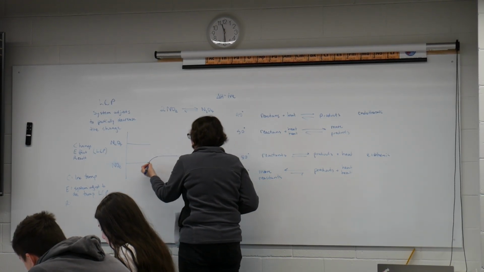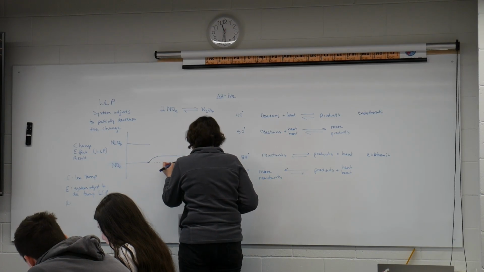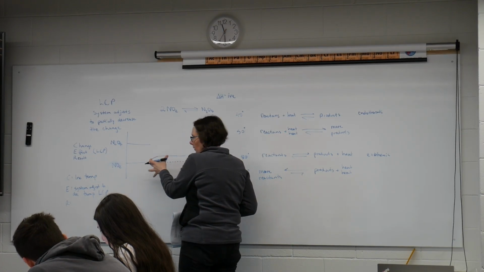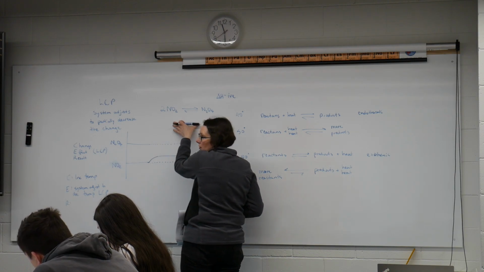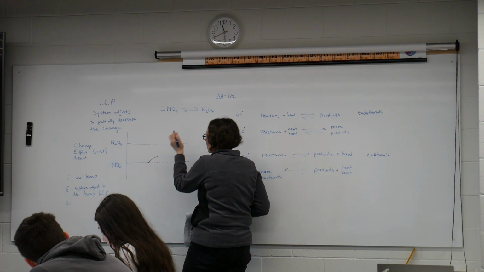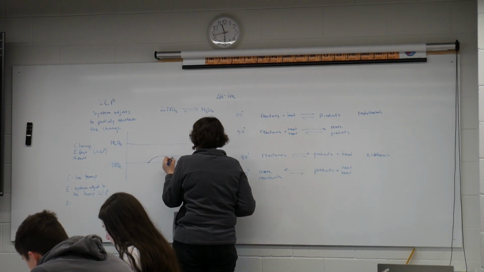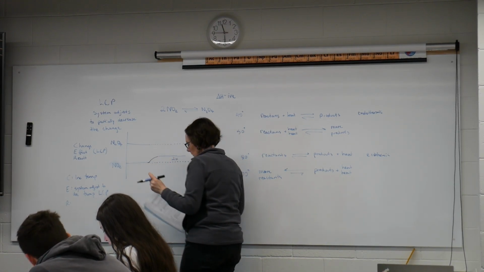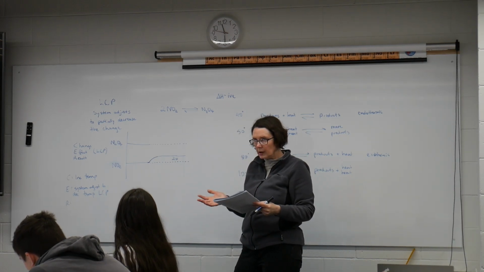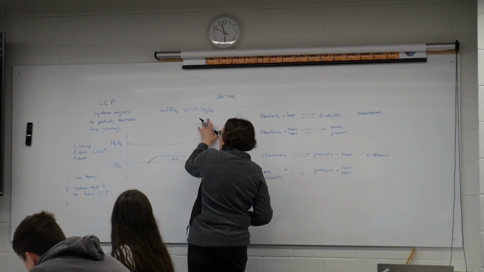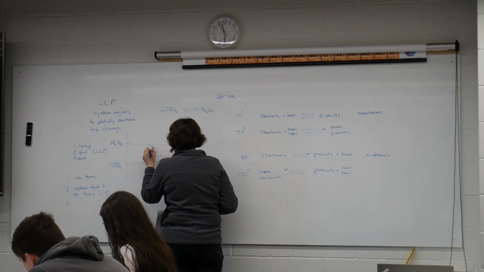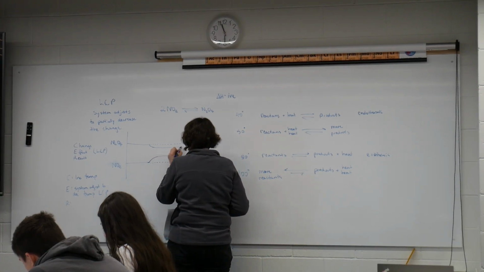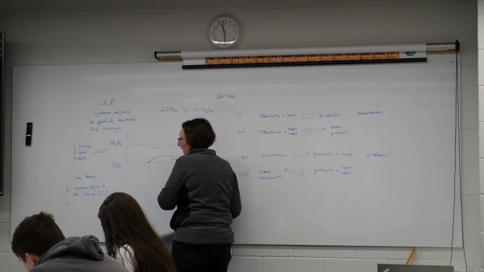But when we're looking at our relative sizes of the change, we need to consider the ratio from the equation. So this is going to be 2x, isn't it? Where it's going to increase by 2x, but we're going to decrease our concentration of our nitrogen tetroxide by x.